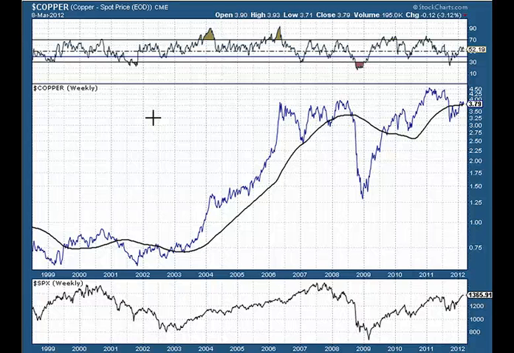It's a weekly chart comparing the price of copper with its RSI in the top panel versus the S&P pricing on the bottom. It goes over the last 14 years. I won't spend as much time on this, but suffice to say that when copper is trading underneath its 100-week average, in every instance the stock market has done poorly.